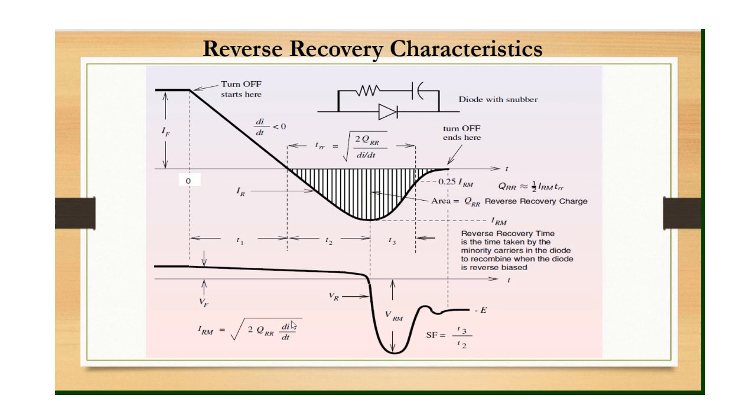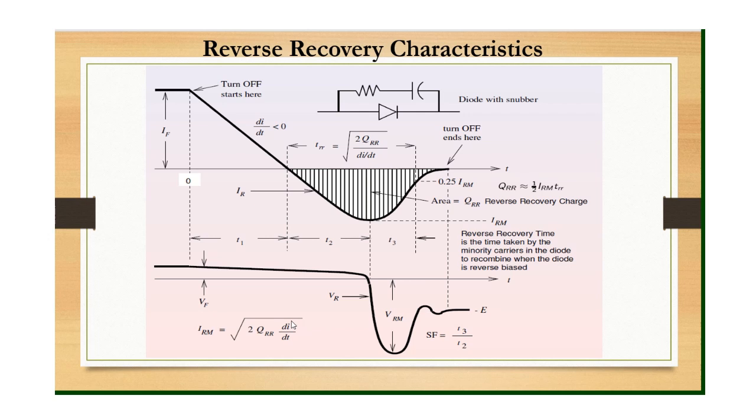When the diode is reverse biased, the diode continues to conduct due to minority carriers that remain stored in the PN junction and the bulk semiconductor material. That means even after you are reverse biasing the diode, there will be some current flowing through because of the minority carriers.